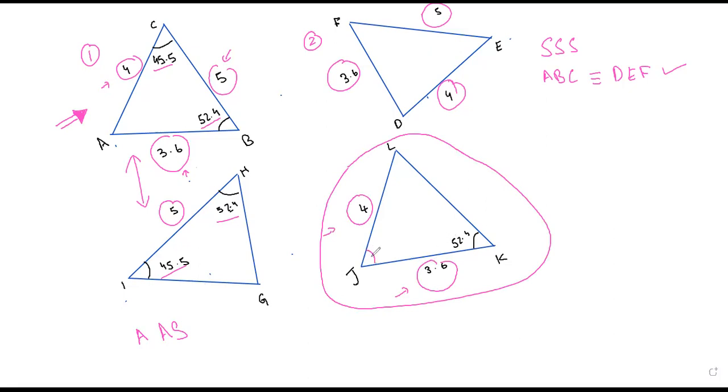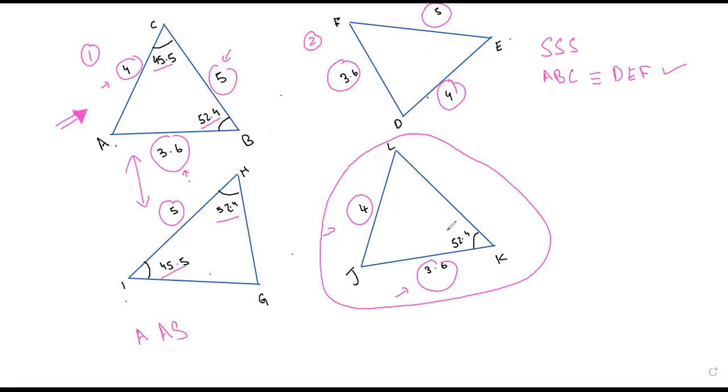If these two angles were the same, then yes, ABC and KJL would have been congruent, but they are not talking about these two.